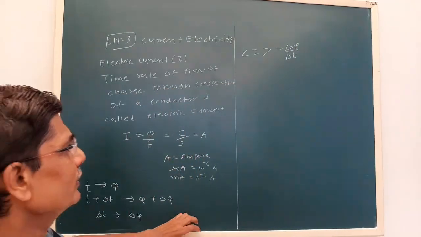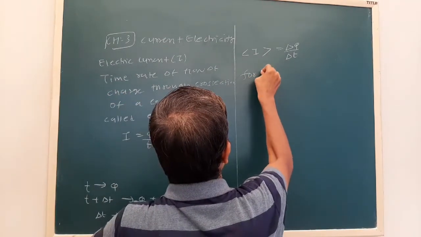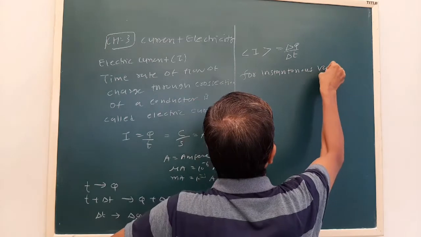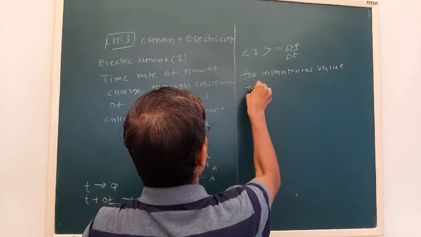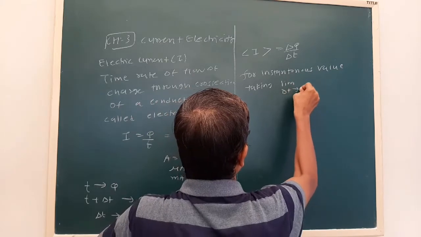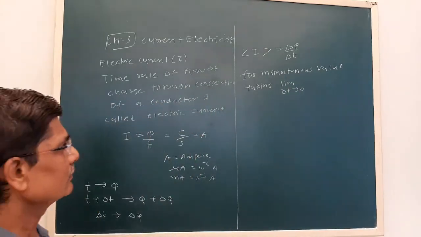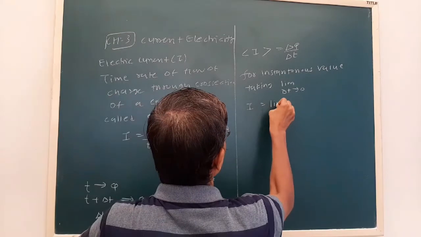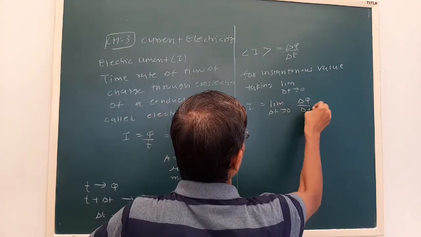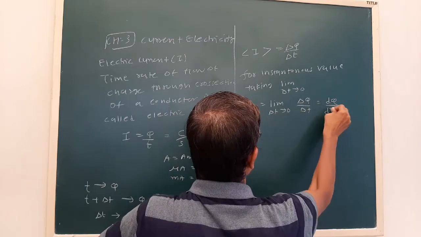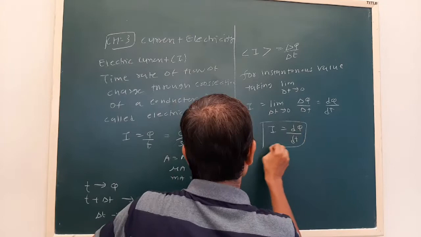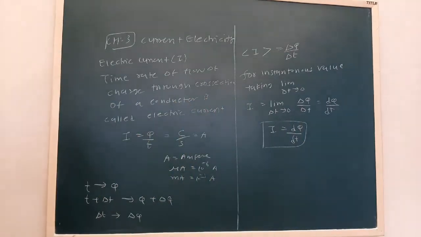Now for the instantaneous value, taking the limit delta t tends to 0, I is equal to dQ by dt. So this will give the value of the instantaneous current.